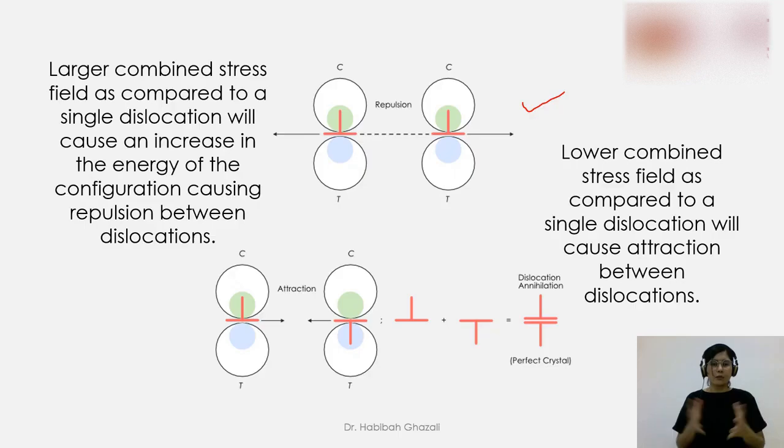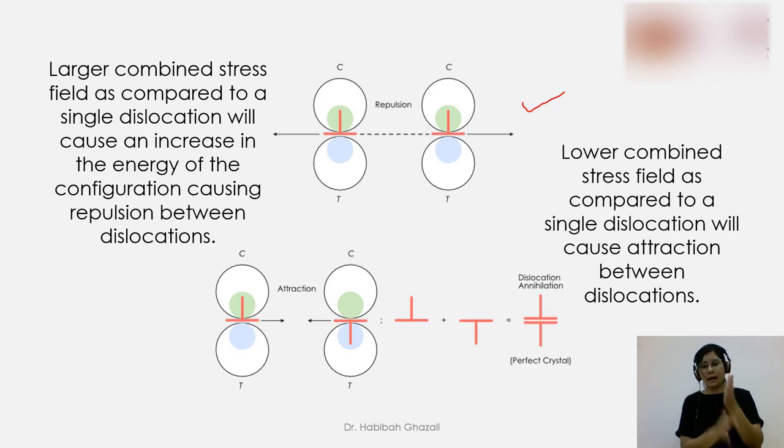So when they overlap, the region of compressive stress from one dislocation overlaps with the region of tensile stress from the other dislocation. There will be an attraction between these dislocations, and eventually a single perfect crystal plane will form.